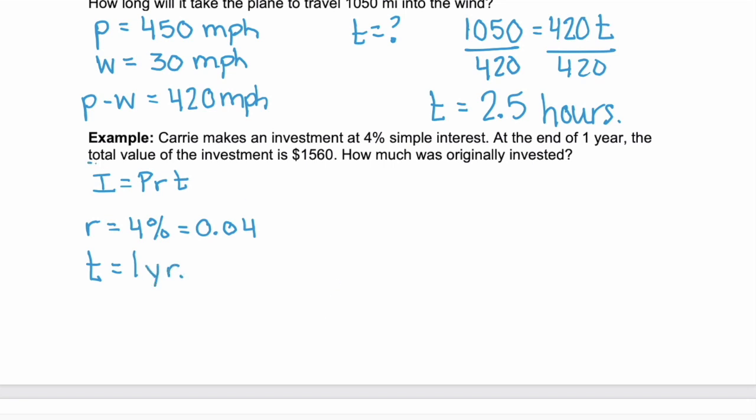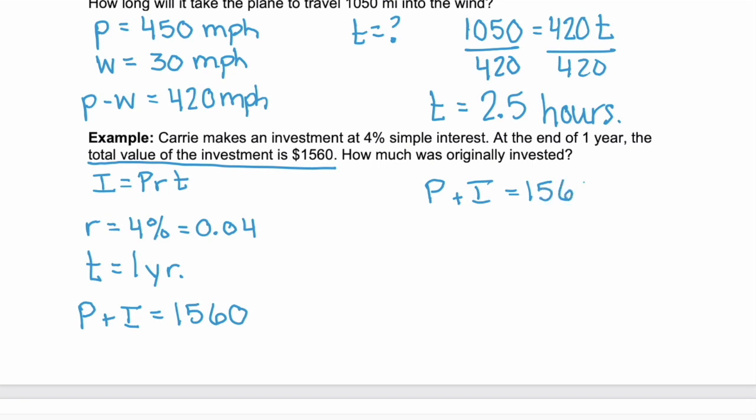And then we're told the total value of the investment is $1,560. Total value means the amount of the principal, how much I initially invested, plus the interest I earned is equal to $1,560. So we need to use this P plus I equals 1,560. We don't know what P is, but we know that I is equal to PRT.